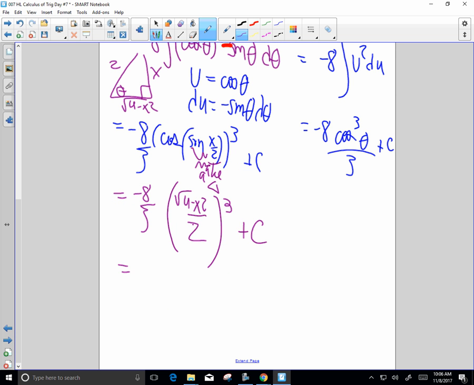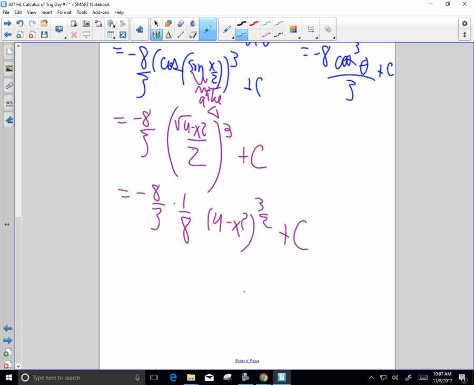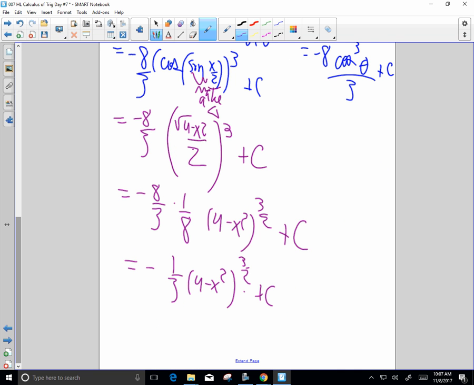So this is going to be negative 8 thirds times 1/8 times 4 minus x squared to the 3 halves plus c. The eighths will drop. Negative 1/3, 4 minus x squared to the 3/2 plus c. Oh, did they have something different in the back? Oh, okay.